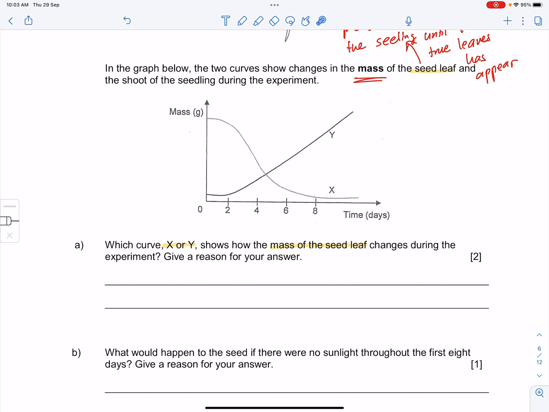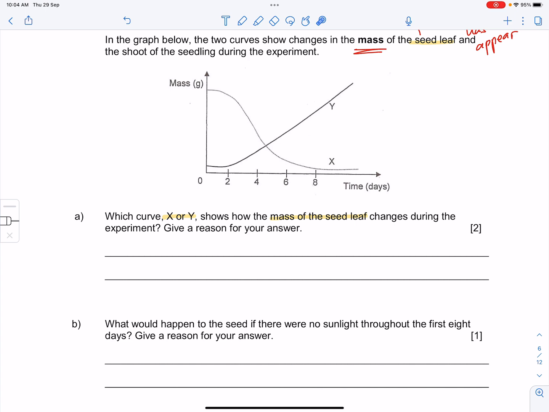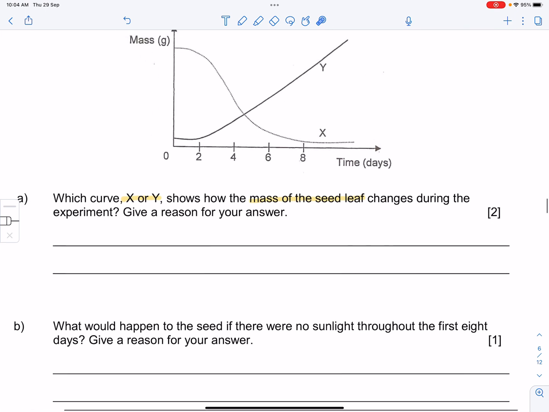But just because you change location, your mass does not change, but your weight changes because the gravity pull is different, just like Earth and the Moon. I'm teaching forward here because this is something that you will need to know very clearly in primary 6. So your answer would be X.